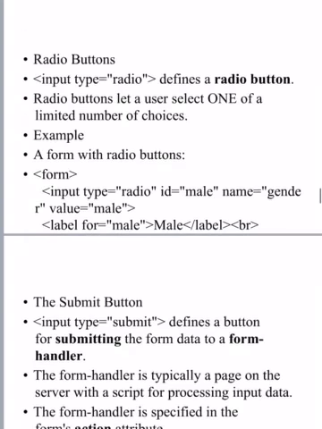So if you see an example of how to use a radio button, input type is equal to radio, id is equal to male, name is equal to gender, value is equal to male, label for is equal to male, slash label, br. So when we write this, we'll get a circle followed by male as a text.